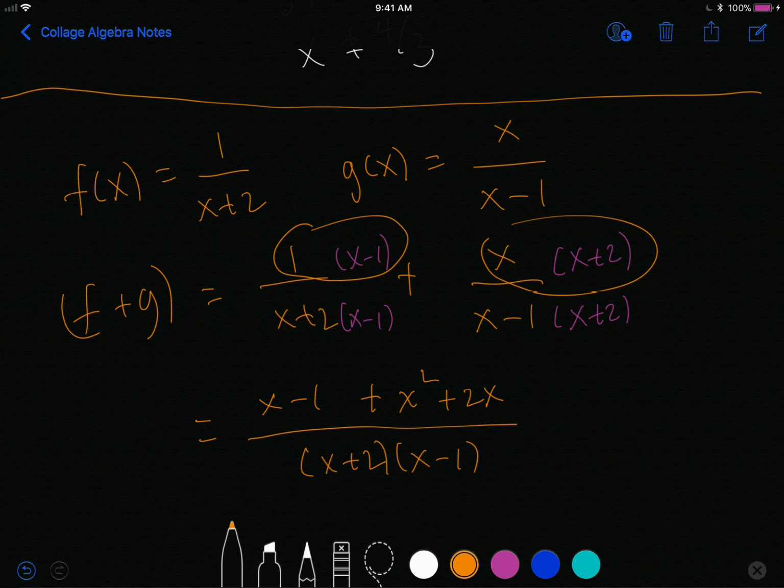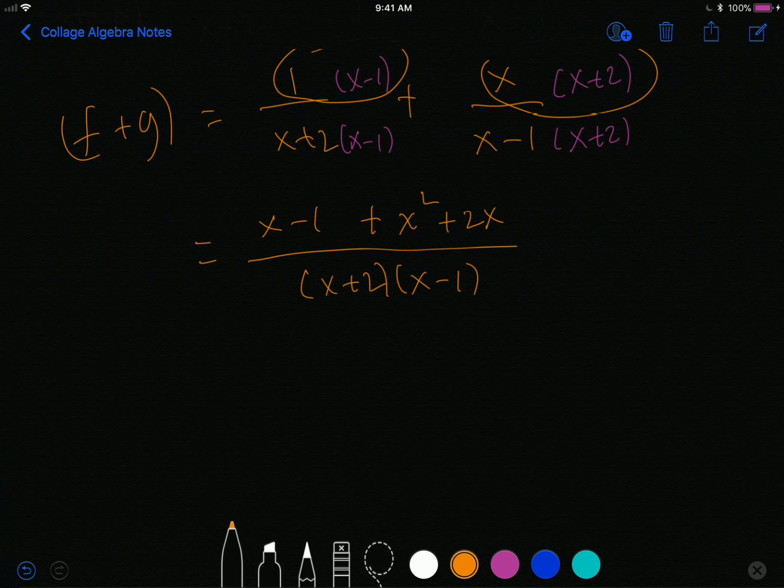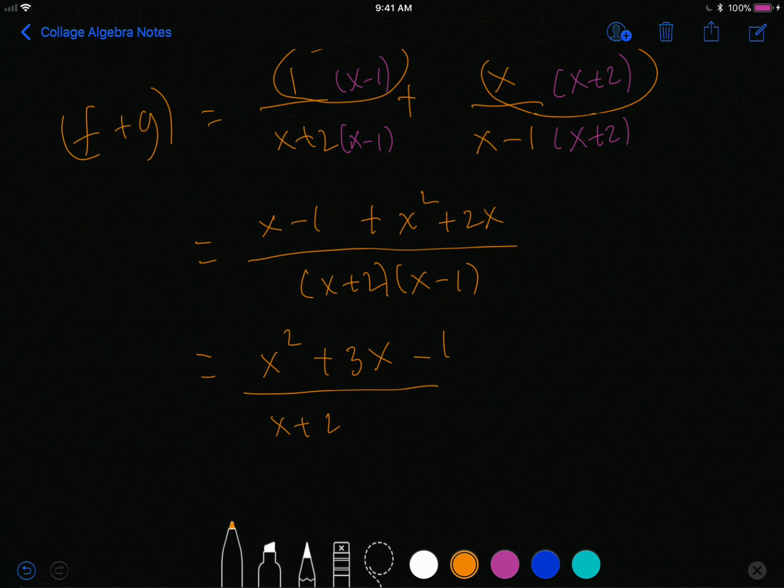Of course, I simplify by grouping like terms. And that leaves me with x squared plus 3x minus 1 over x plus 2 times x minus 1.